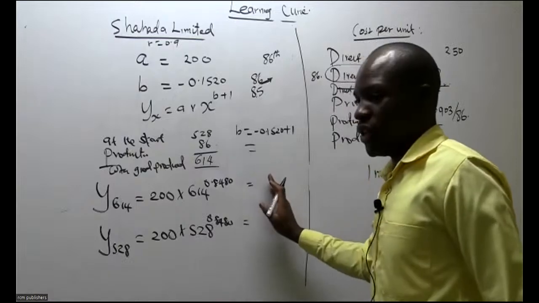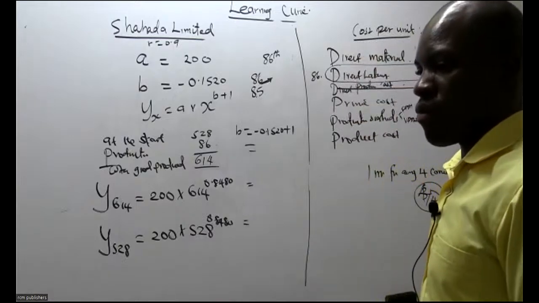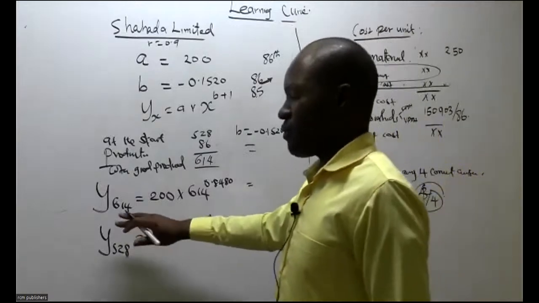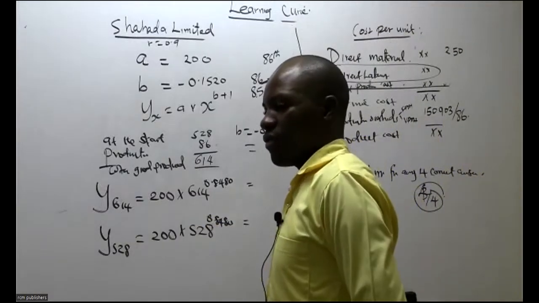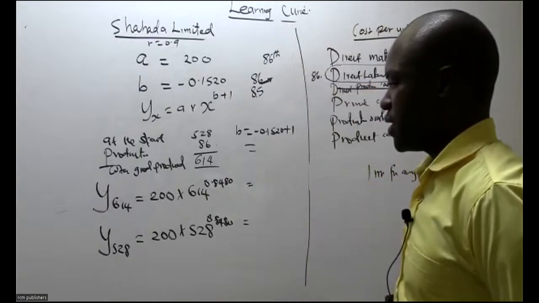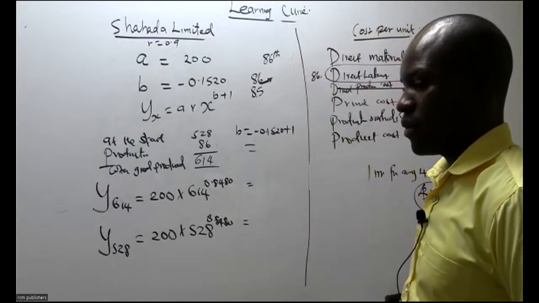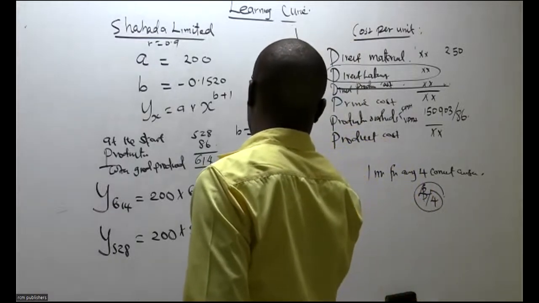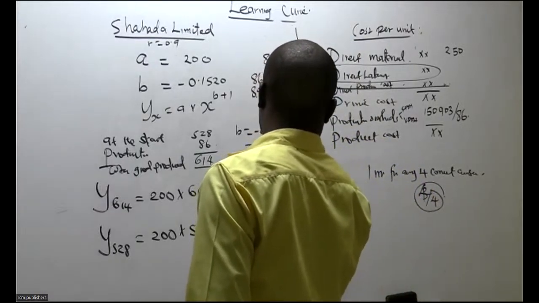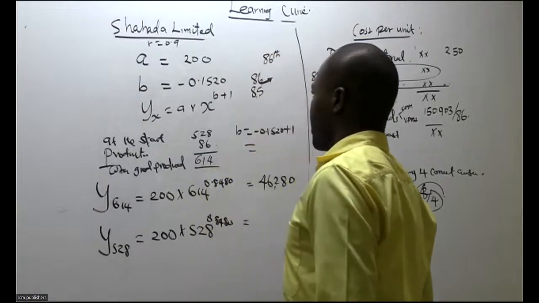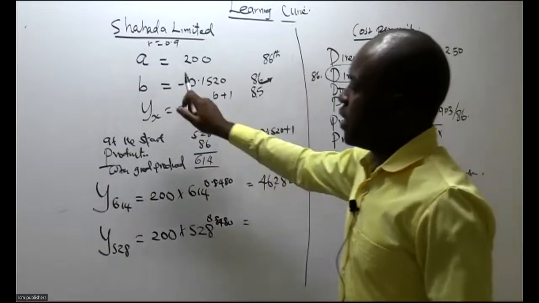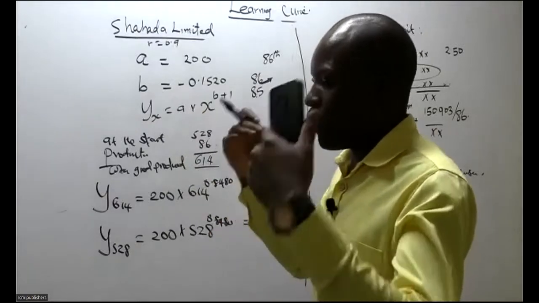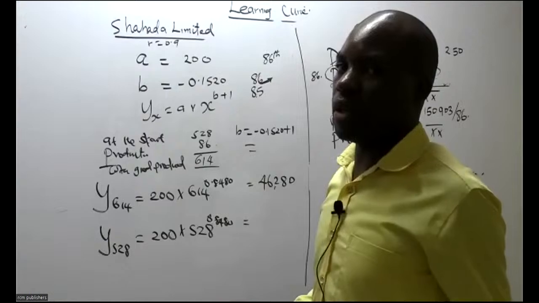Go ahead and give me the totals for each. For the first 614, how much do we have? 46 to 80. And I want us to be very keen. In the other question which we just did up there, we were given the labor cost per unit.